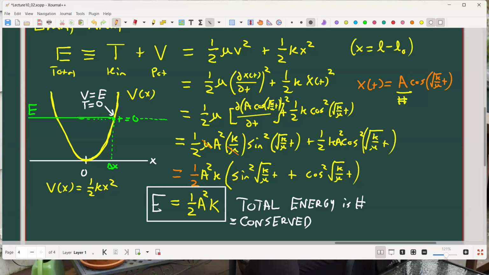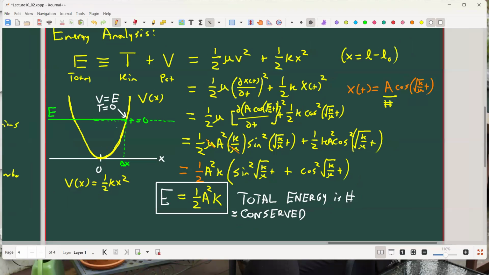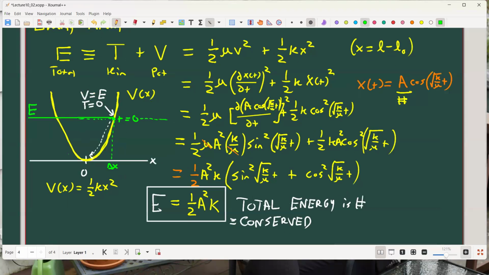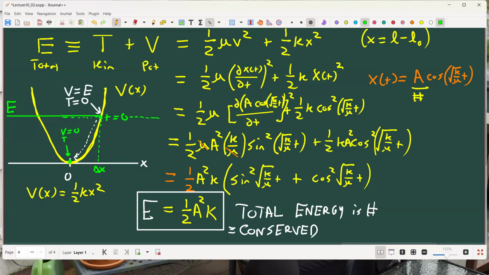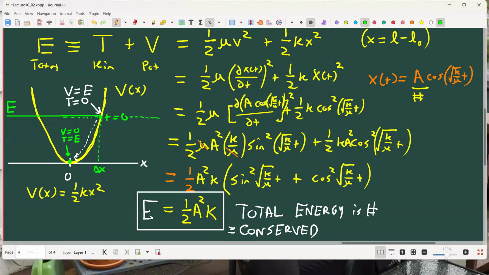So what happens now is the potential energy is released from the spring and converted into kinetic energy. The spring is going to pass the equilibrium position, which is at x equals 0. Here, the potential is 0, and that means the kinetic energy is maximum, the total kinetic energy.